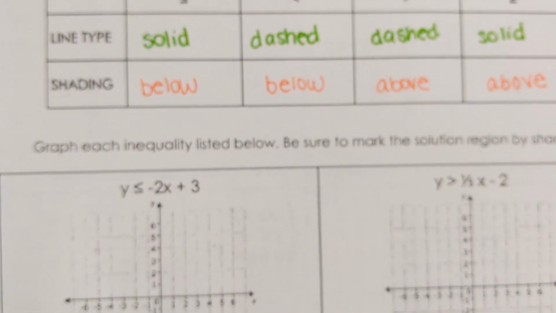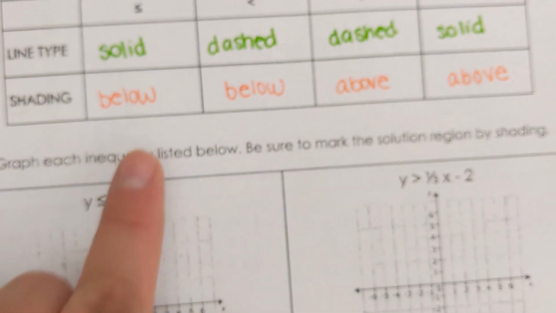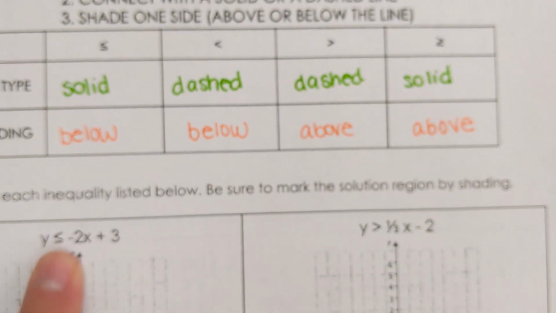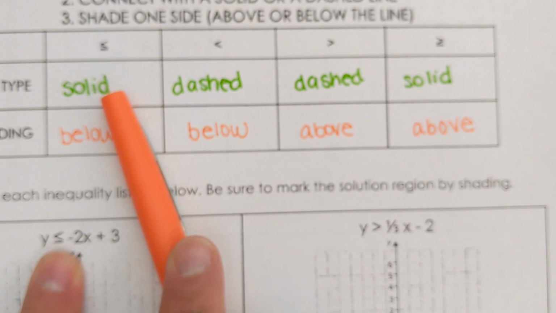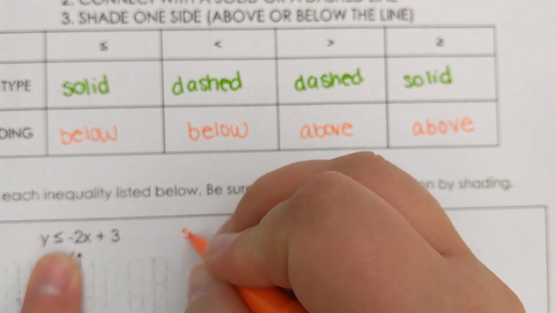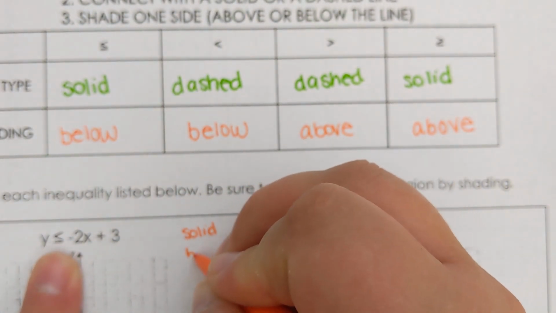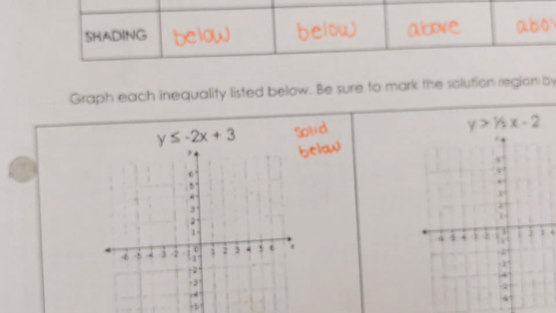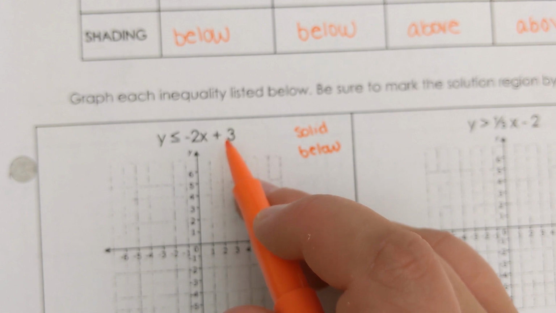Alright, so here's our first example. I'm going to go ahead and point out the symbol before I move it. It's less than or equal to, which is solid line shaded below. So what I'm going to do is start at positive 3 because that's my y-intercept.